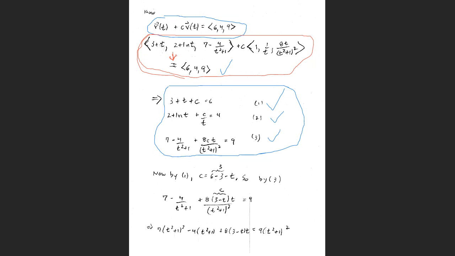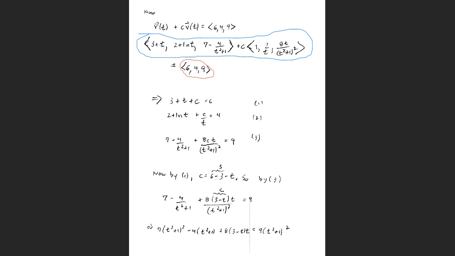So if you're going to say a vector equals, we have here one vector, and we're setting it equal to another vector. We're saying the one vector equals the other vector.